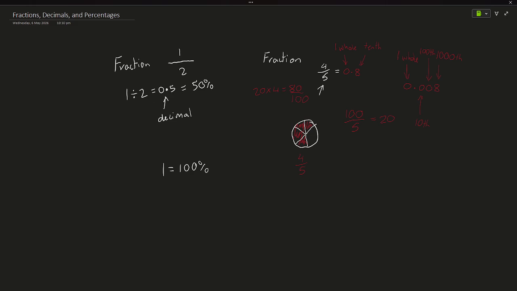So that is decimals. Now what if we want to turn this into a percentage? Now that's easy.